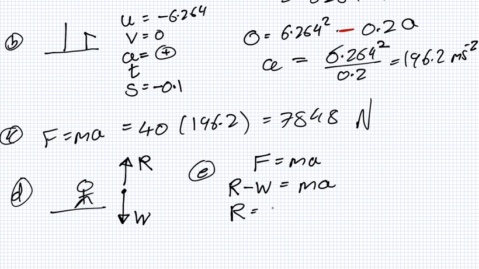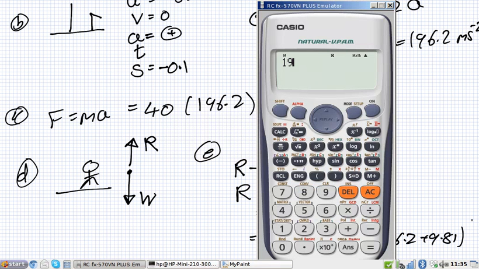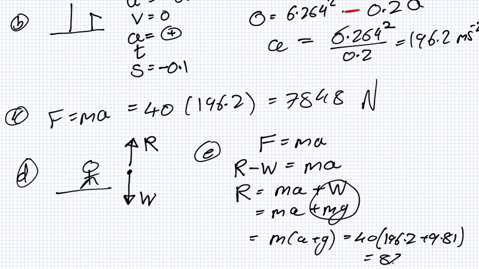So the R is ma plus W, which is ma plus mg, which is m times (a plus g), which would be 40 times 196.2 plus 9.81. Okay. 8240 newtons.